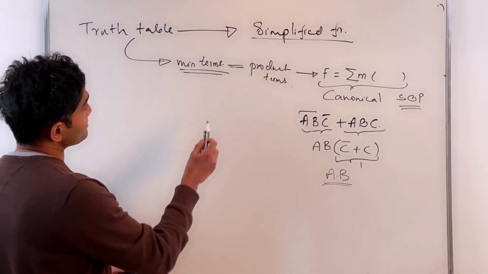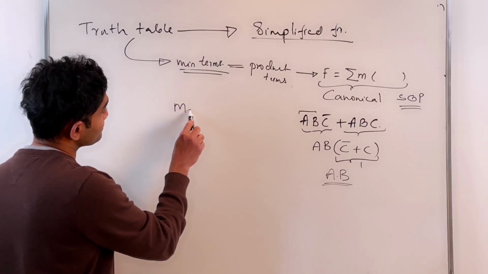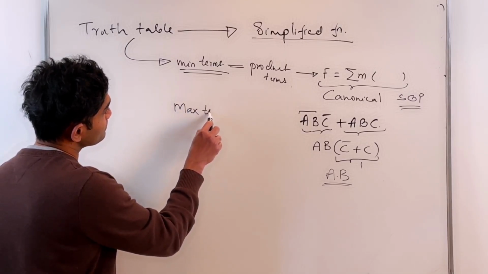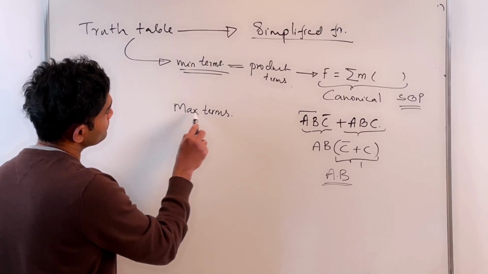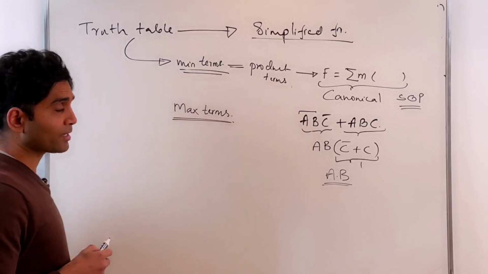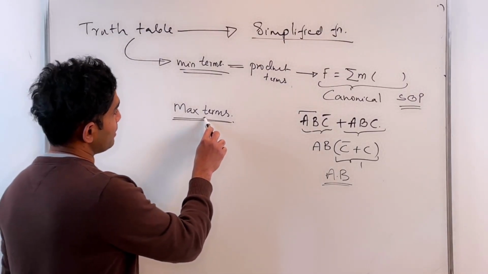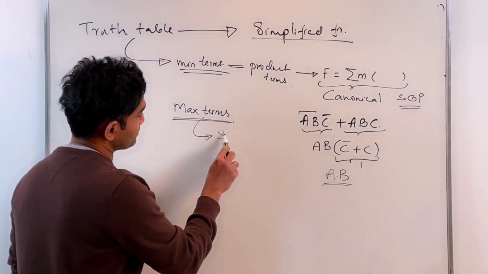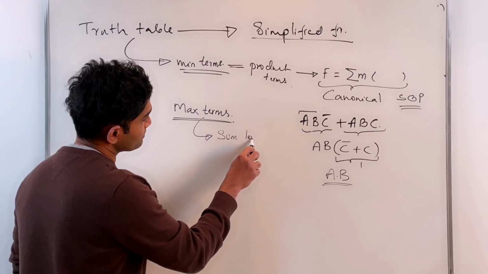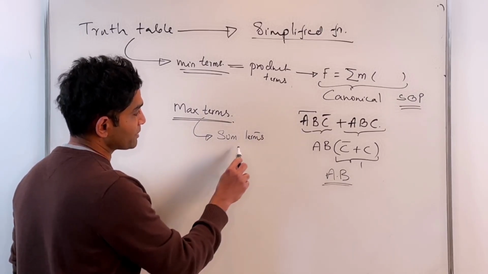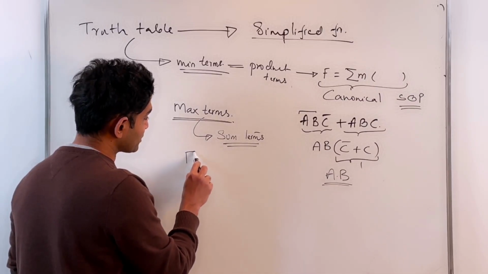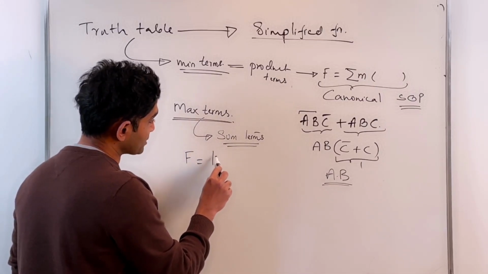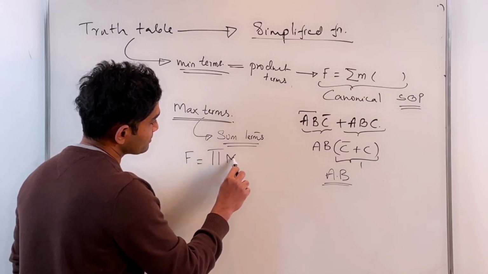We have also discussed the concept of max terms. Okay, now max terms are the sum terms between the inputs. I can express my function f as the product of max terms.